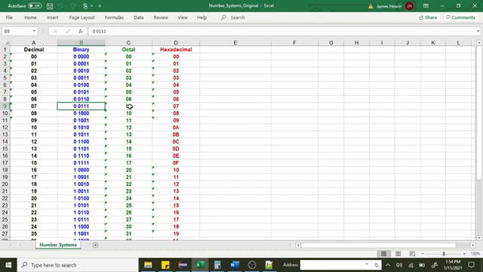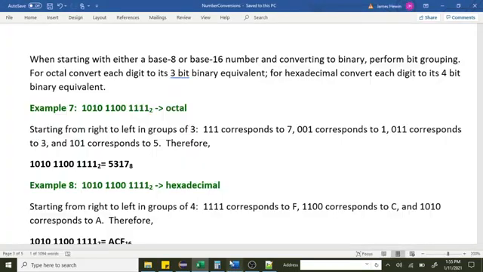It's actually pretty useful to memorize just the first 16, from 0 to 15, because you want to be able to convert quickly from binary to hex or binary to octal. So if you see 1010, you should be able to know that's going to convert to hexadecimal A.